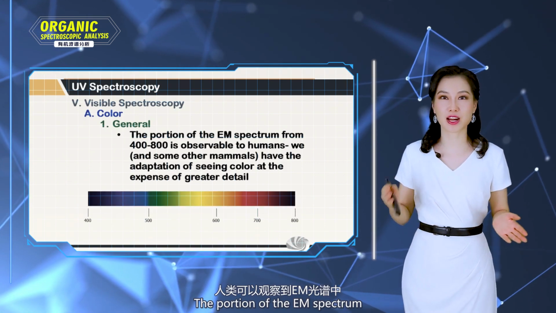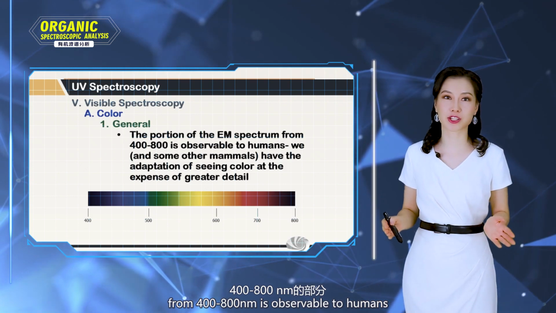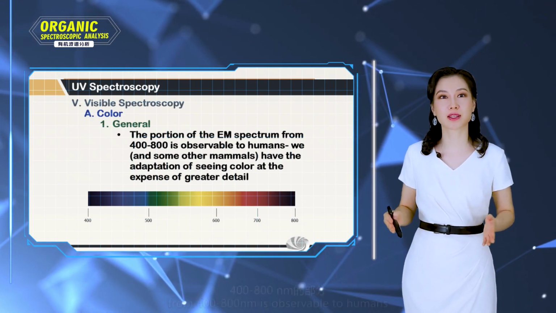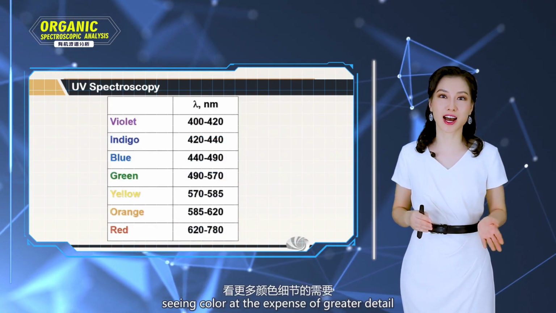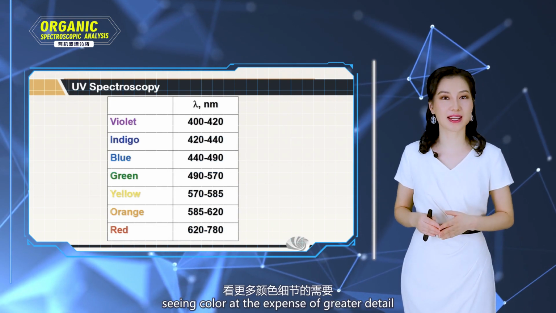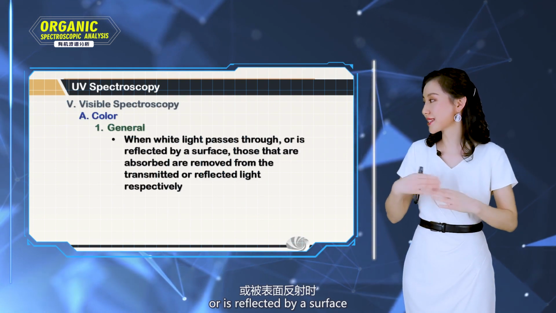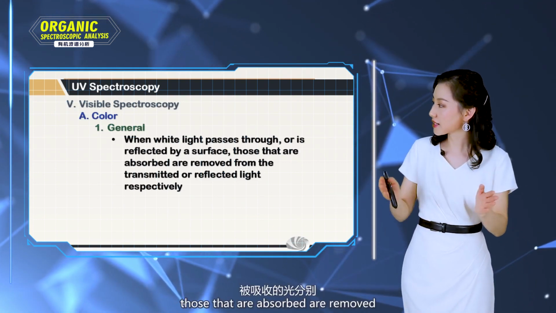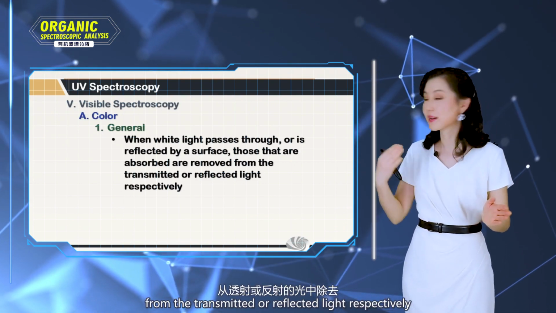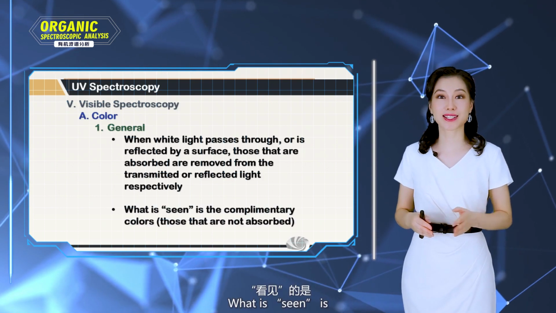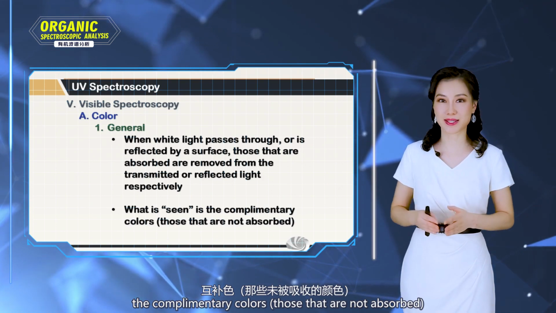The portion of the electromagnetic spectrum from 400 to 800 nanometers is observable to humans. We and other mammals have the adaptation of seeing color at the expense of great detail. When white light passes through or is reflected by a surface, those wavelengths that are absorbed are removed from the transmitted or reflected light respectively. What is seen is the complementary color of those absorbed.